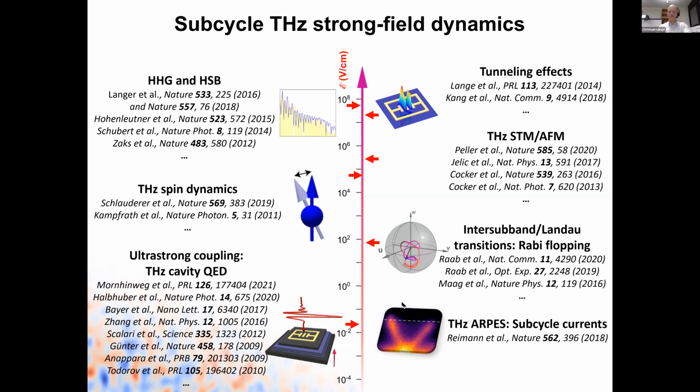And then gradually going down this electric field amplitude scale, more subtle effects, resonant excitation of inter-subband transitions in semiconductors, for example, acceleration of electrons in Dirac materials. And finally, arguably at the low end of the scale, even vacuum fluctuations, vacuum photons can drive dynamics that occur as rapidly as the oscillation cycle of light itself.